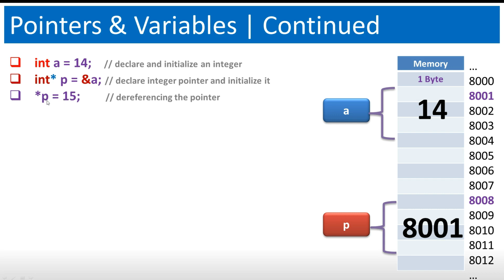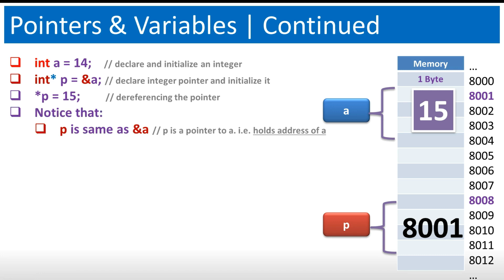So this translates to assign 15 to the contents of this memory address. So this is the memory address, assign 15 here. Once our program executes the statement, it's going to put 15 in the address that was pointed to by P, which is the address of A. So this is really just assigning 15 to A.